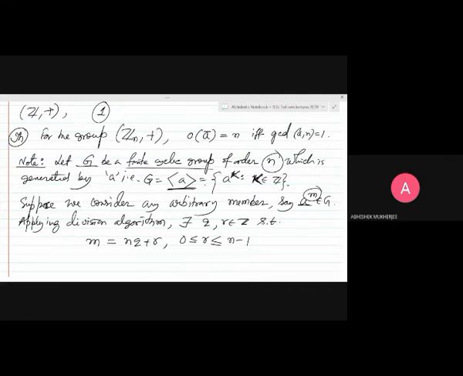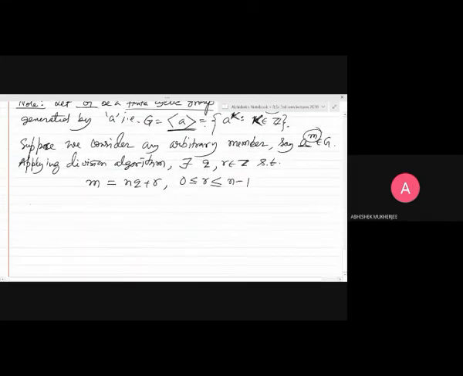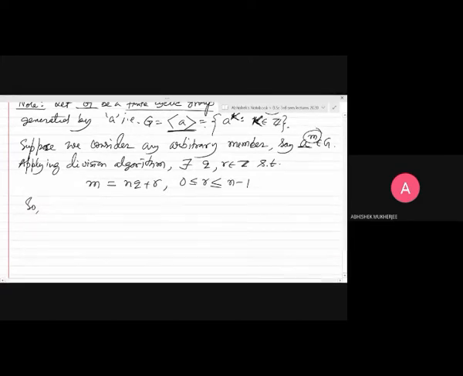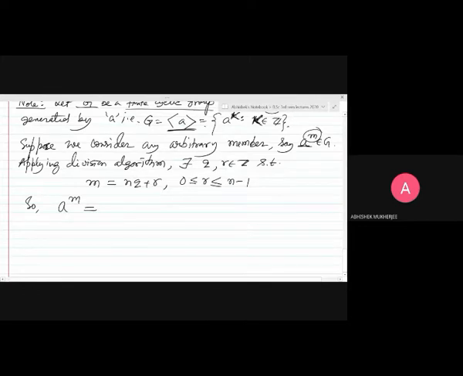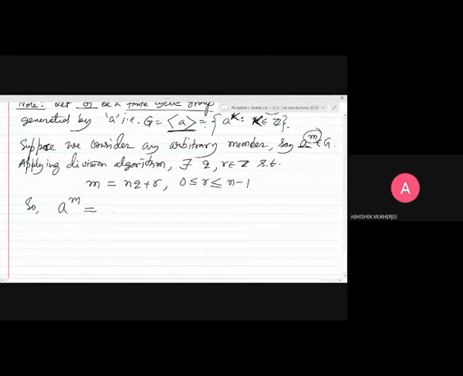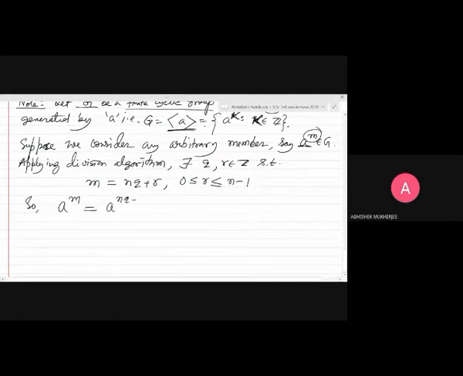So that means a to the power m equals a to the power nq plus r.